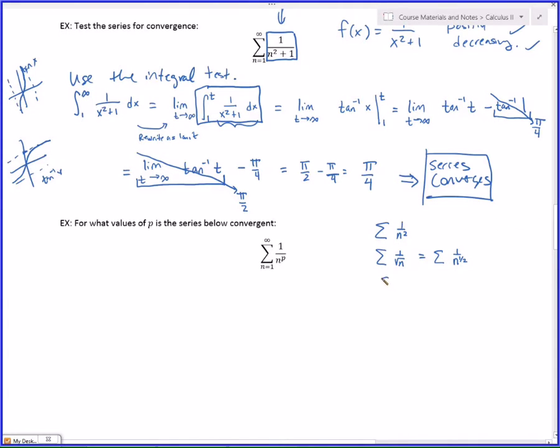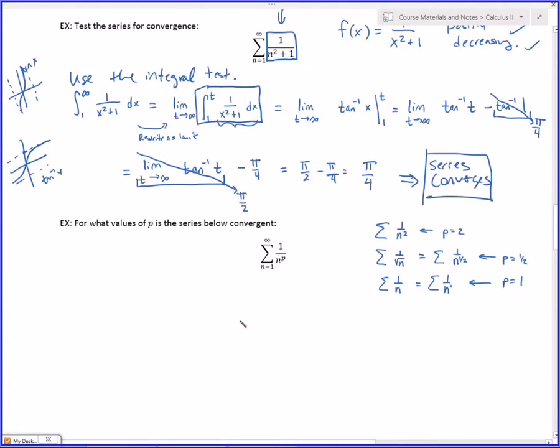In the last section, I talked about the series 1 over n, which is 1 over n to the first. Notice how all three of these are special cases of this series. That just means up here, p is 2, here, p is 1/2, and here, p is 1.